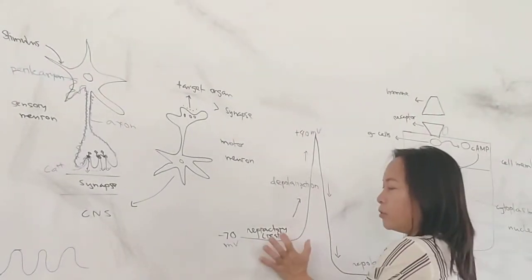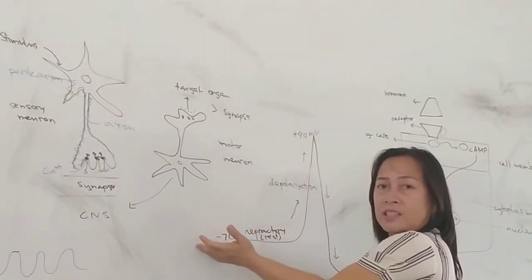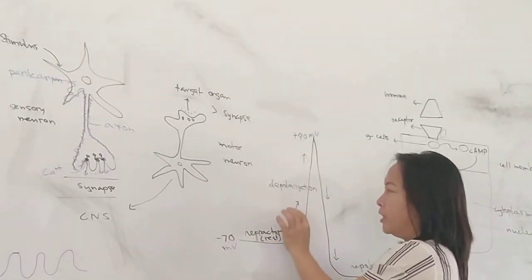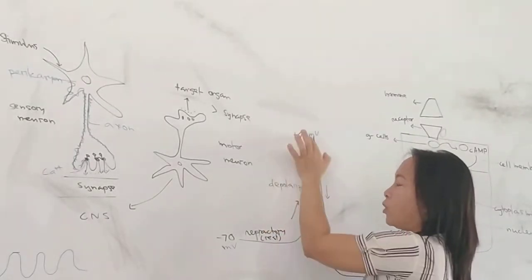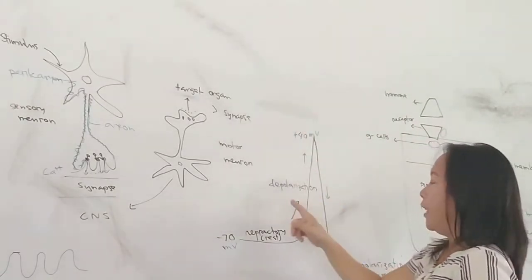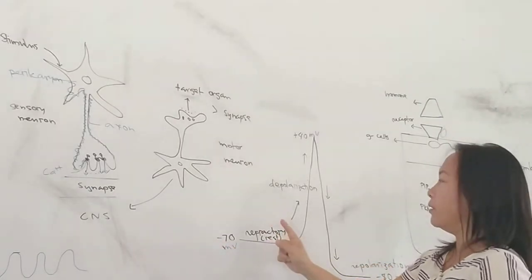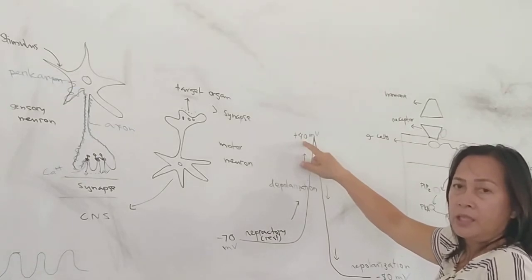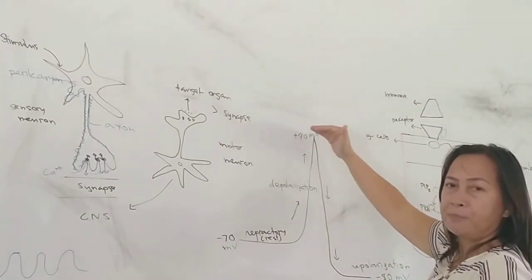Now, at the refractory period, the stimulus has not yet been received. However, once the stimulus is received, there is what we call depolarization. Depolarization is the up part of the spike. From negative 70 millivolts, the voltage reaches positive 40 millivolts.